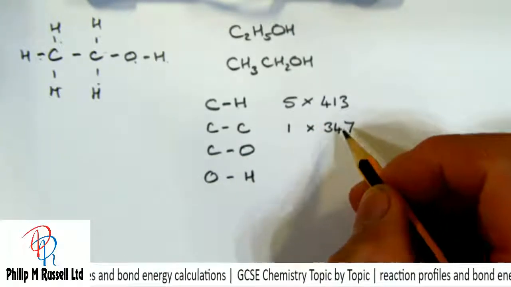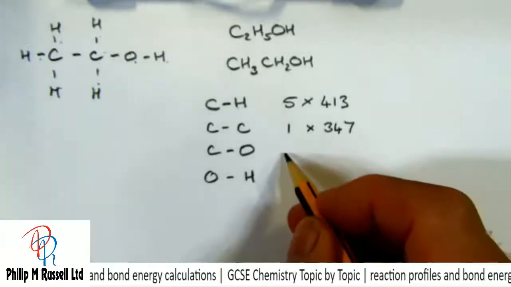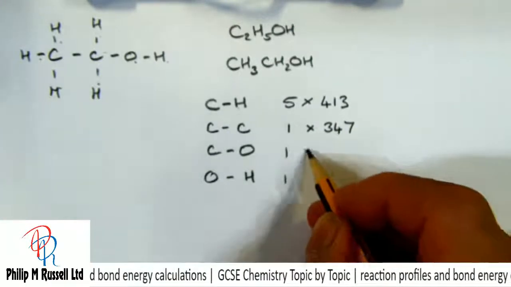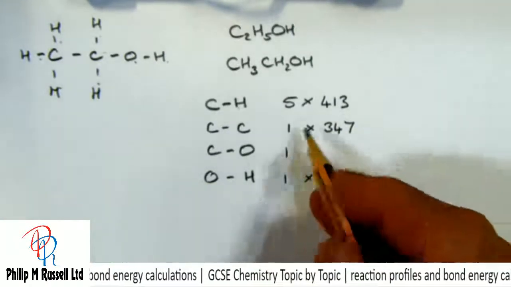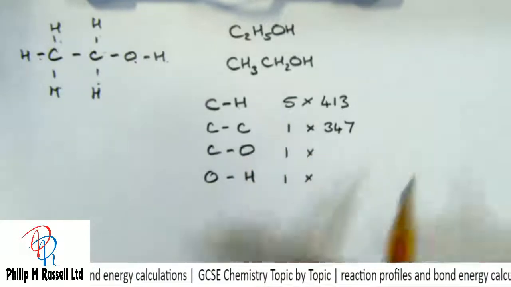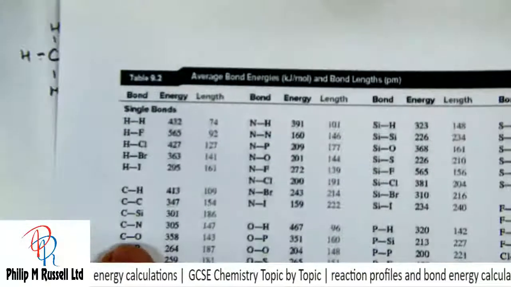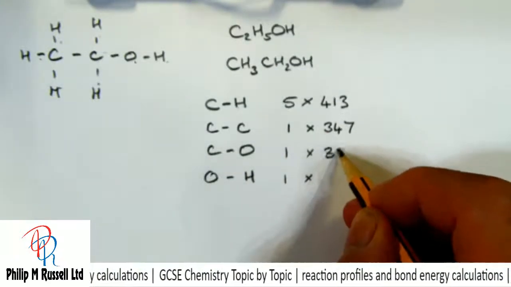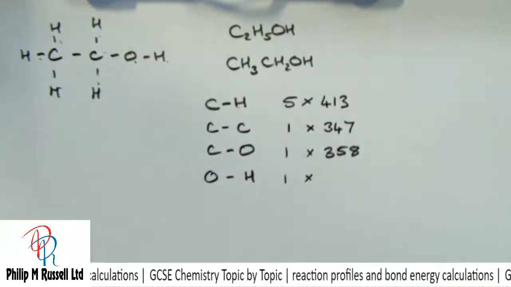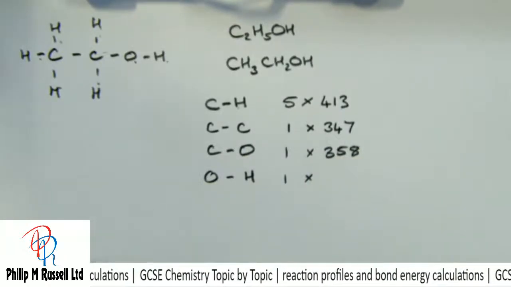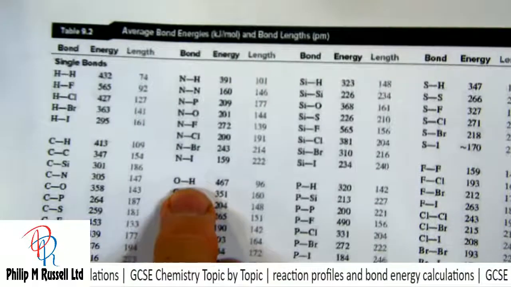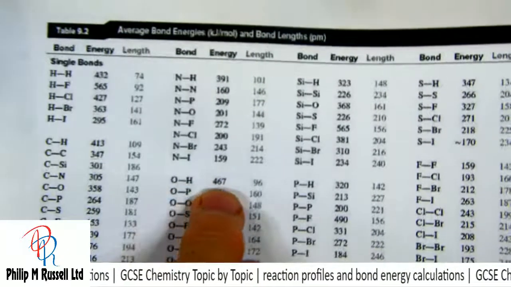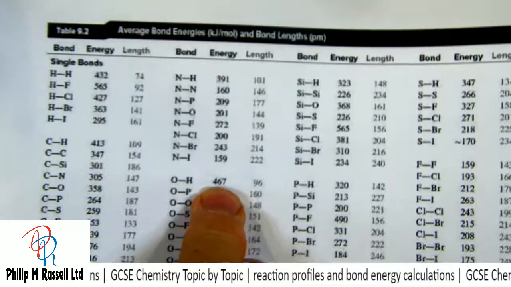But there we've got 2 new bonds, of which we've only got one of, a carbon-oxygen bond, and the carbon-oxygen bond comes out at 358, and an oxygen-hydrogen bond, which comes out at 467.